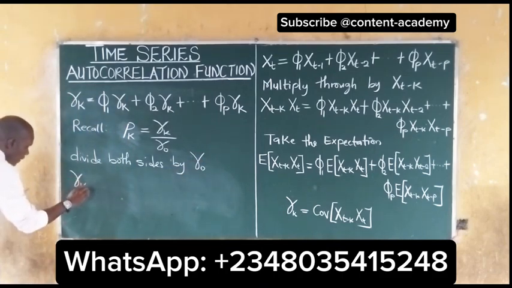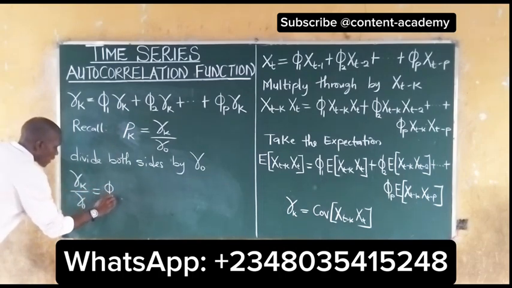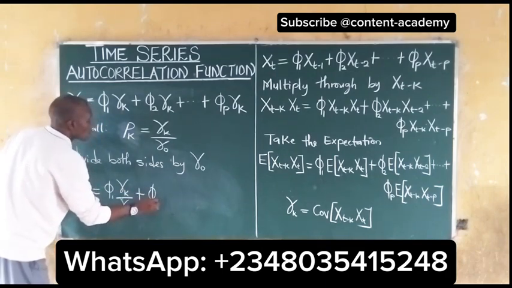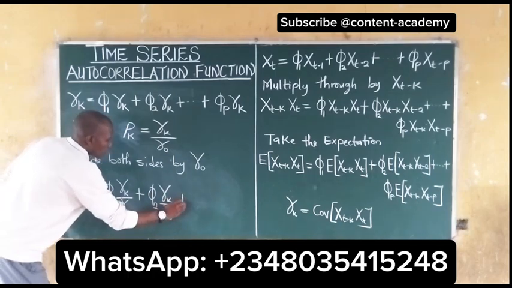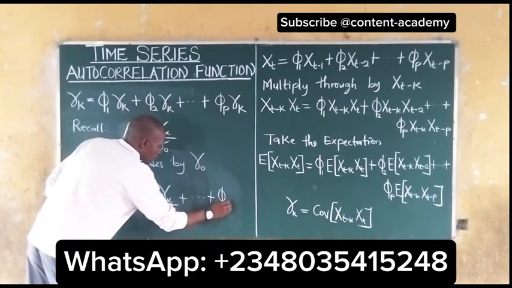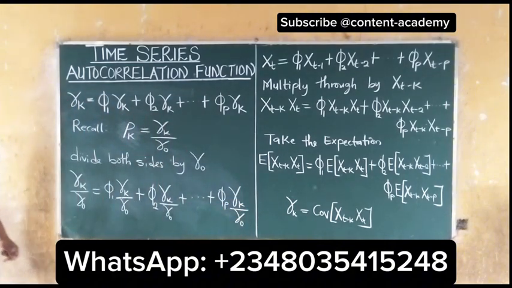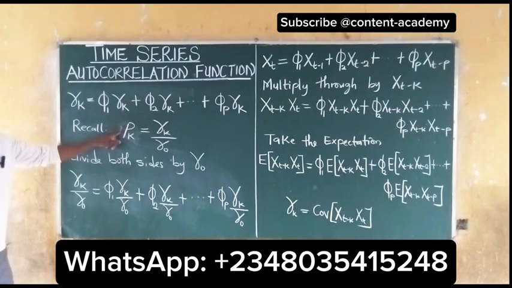We have Rk all over R naught is equal to phi 1 R k minus 1 all over R naught plus phi 2 R k minus 2 all over R naught, plus, it continues, phi p R k minus p all over R naught. So of course, we know that each of these will give us our autocorrelation function.